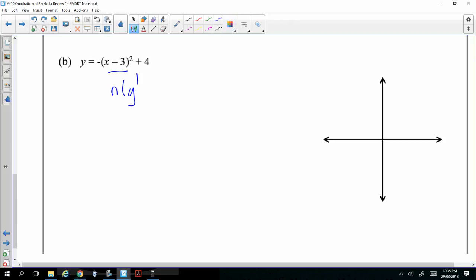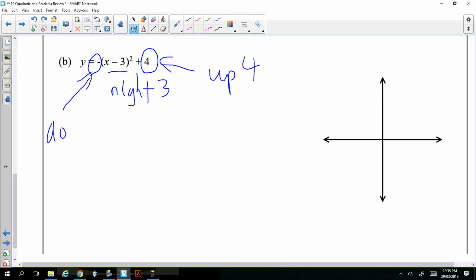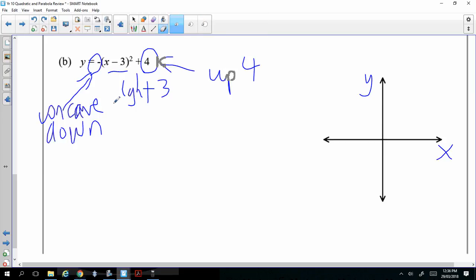We're going to label the x and y axis like before, shifting right 3 and up 4. So right 3, 1, 2, 3, up 4, 1, 2, 3, 4. So you get your vertex, which is 3, 4.